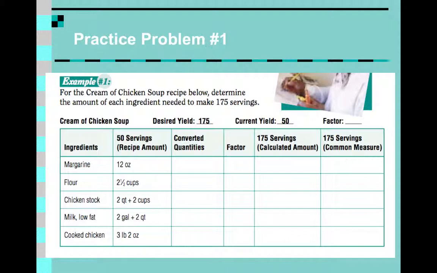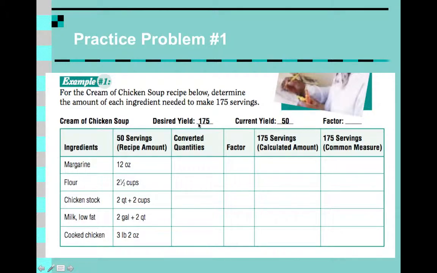This is a cream of chicken soup recipe, and we would need to determine the amount of each ingredient needed to make 175 servings. So the recipe was designed to serve 50. That's the current yield. If we needed to make 50 servings, these are the ingredients we would need, the quantities. We need to convert the quantities.